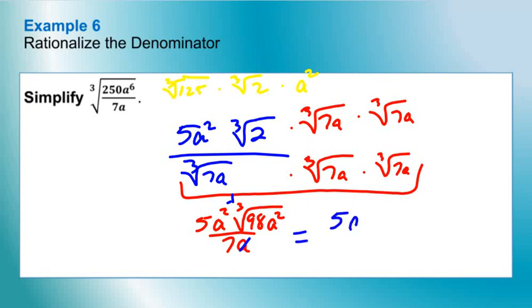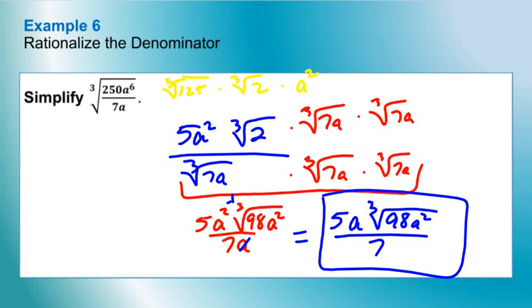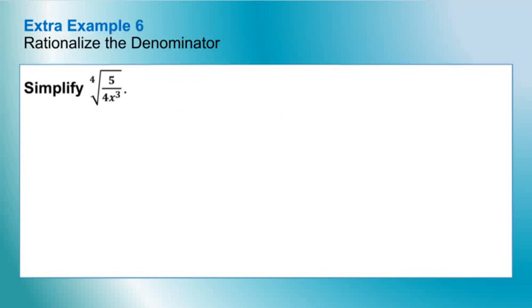So my final answer would be 5a cube root of 98a squared all over 7. There is no cube root of 98 I can take out of there, and I don't have enough a's to take out. That would be my final answer there.